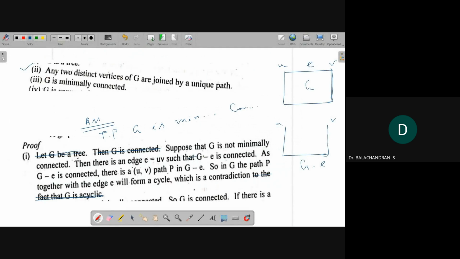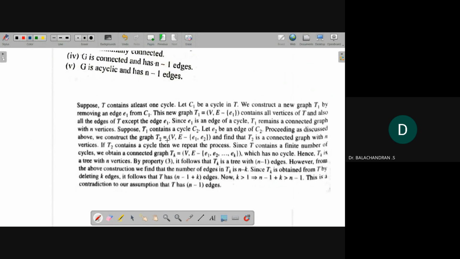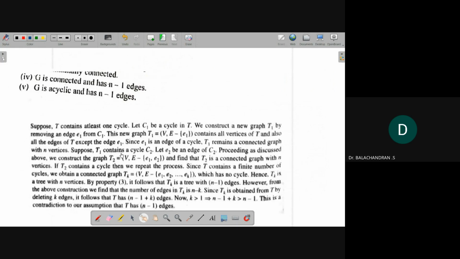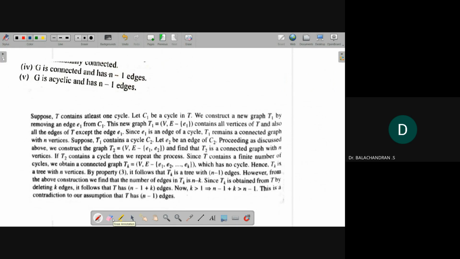So let C1 be a cycle in T. Now we are constructing a new graph T1. We are removing an edge E1 from C1.